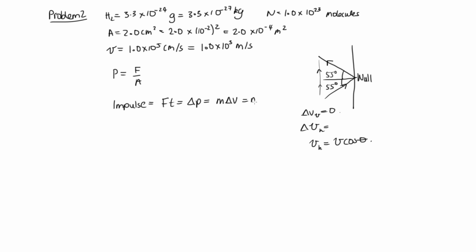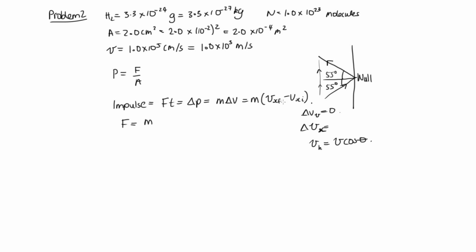So this is equal to m, well, let's call it x rather than horizontal, that's more normal, vx final minus vx initial. And so we've got that our force is equal to m.